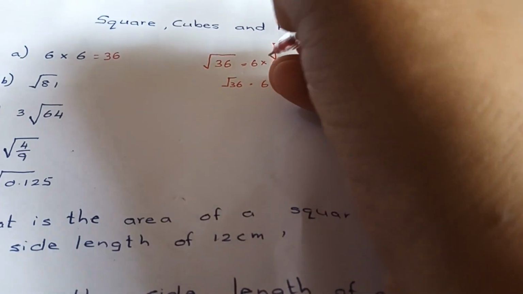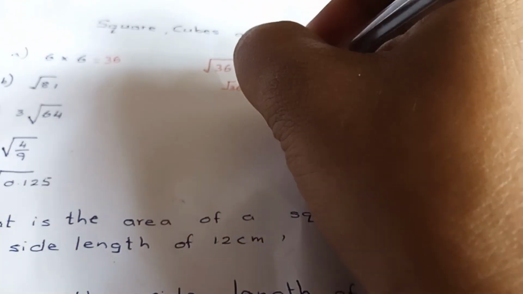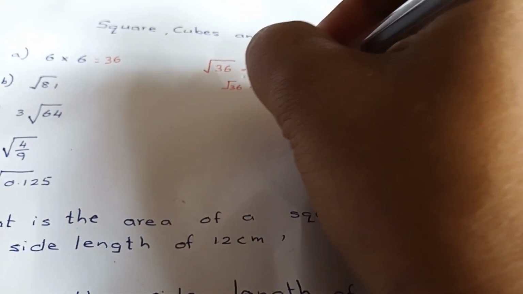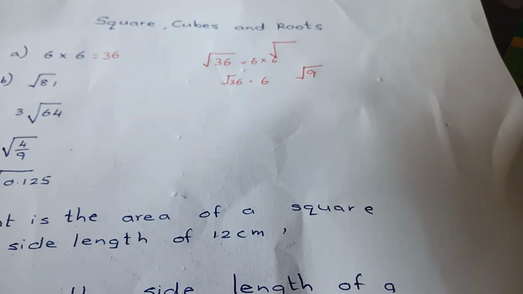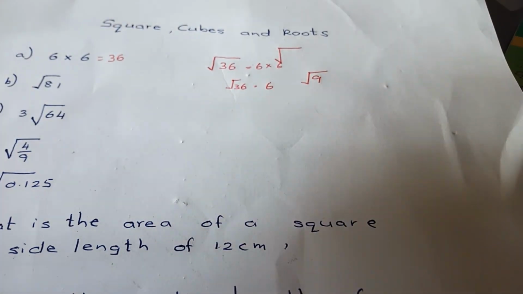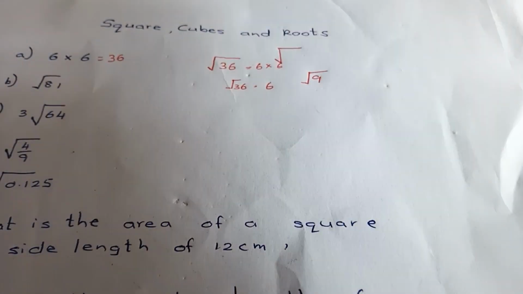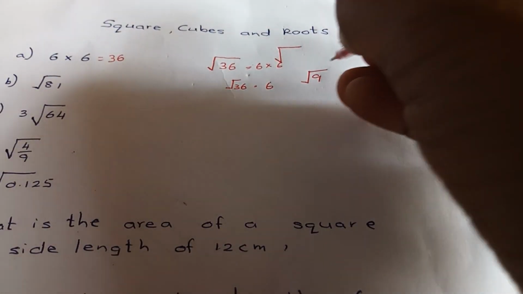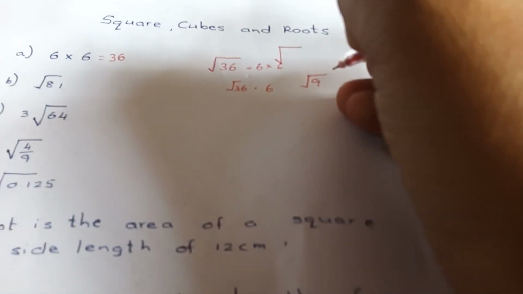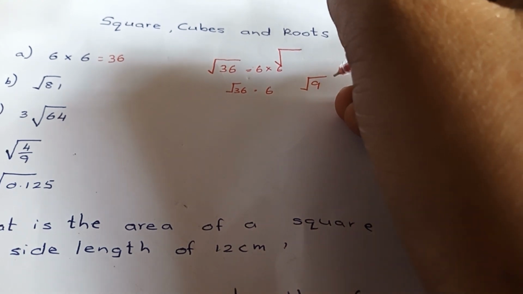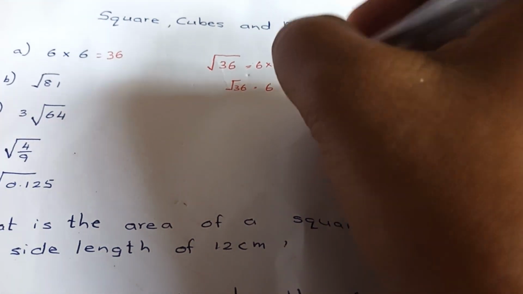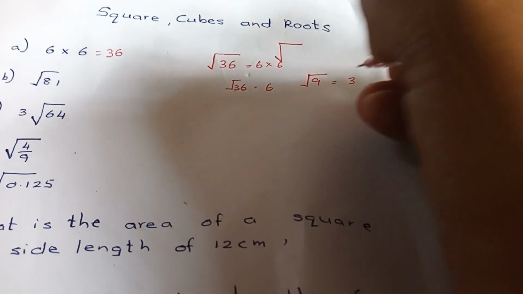Another one. I'm going to write it like this. How to read this one? Square root of 9. So how do we get the square root of 9? 3 times 3. So when we ask the square root of 9, it's 3.